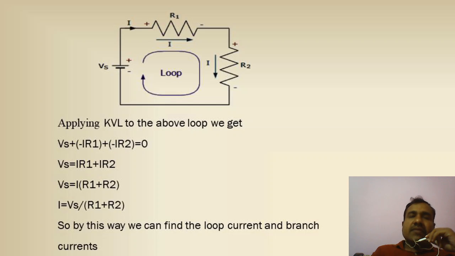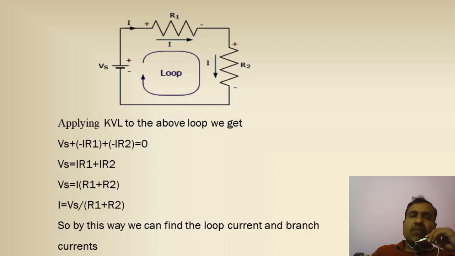Now let us start from the voltage source Vs. I'll start from the negative terminal of Vs and move to the positive terminal of Vs, and then through R1 to R2, moving through the loop. So in Vs, I am traveling from negative terminal to positive terminal.